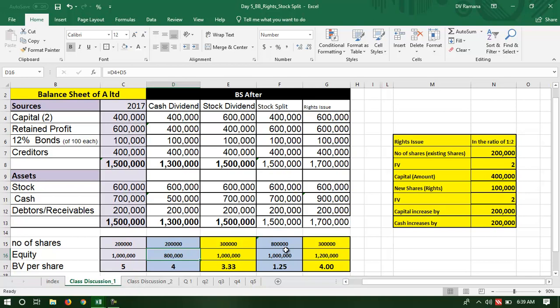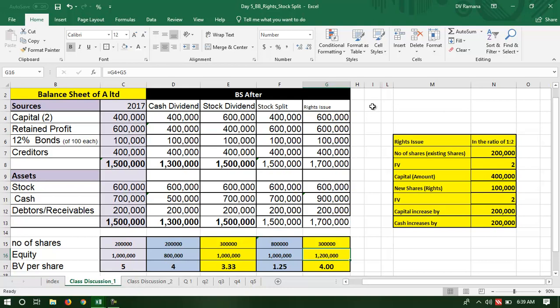In case of stock split, the book value has decreased because the number of shares has gone up, because we have reduced the face value. In case of rights issue, there is a change in both the number of shares as well as the amount of equity, because the capital has also gone up.